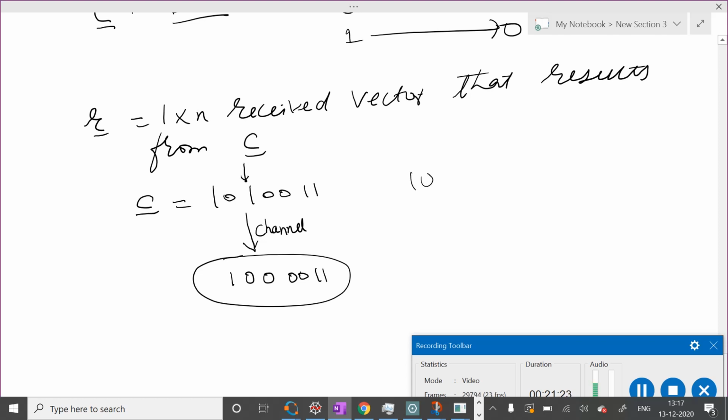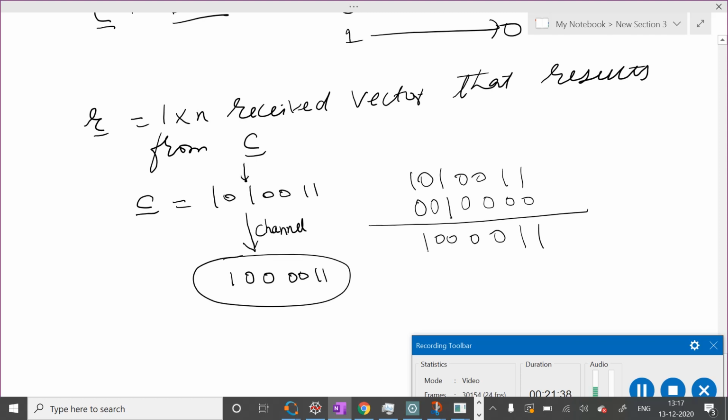As if this code word got added by this message 0010000 and you XOR it, right? You see, the XOR of these two is this message, which is the errorful message. This particular sequence of bits where we put 1 only at the location where the error has occurred is called the error pattern or error vector.